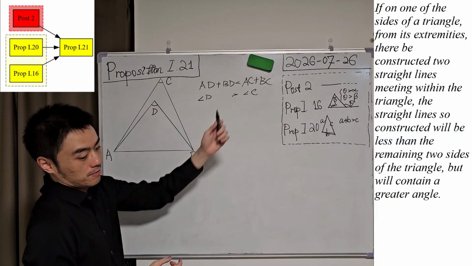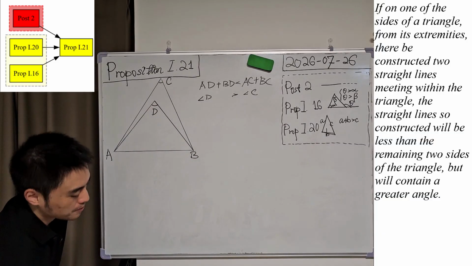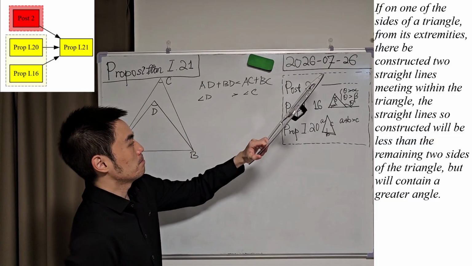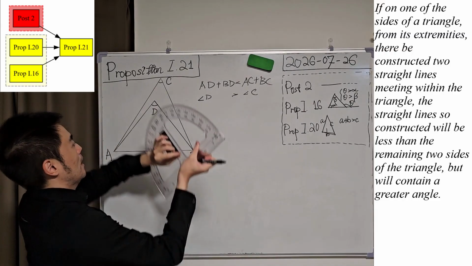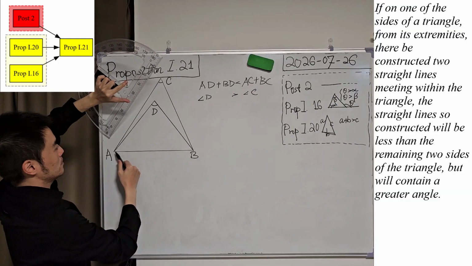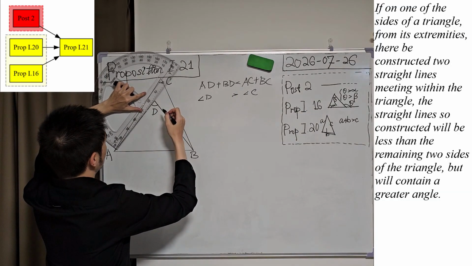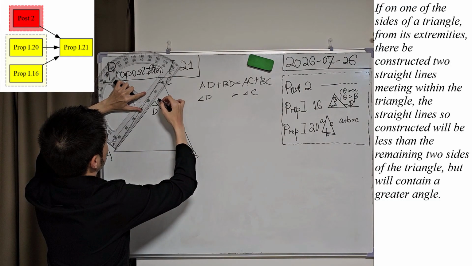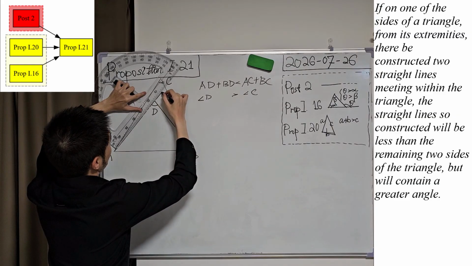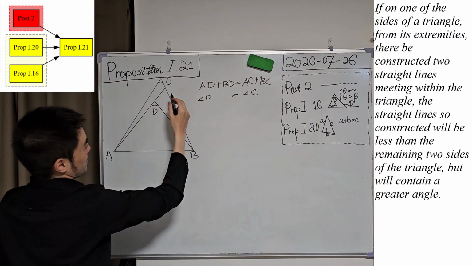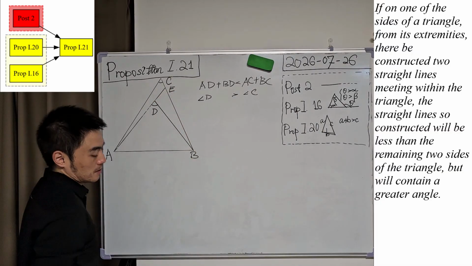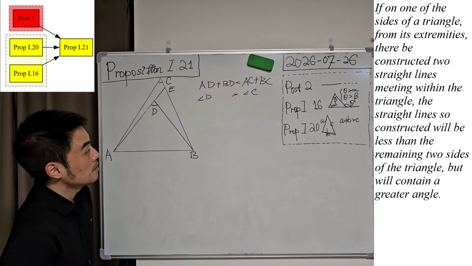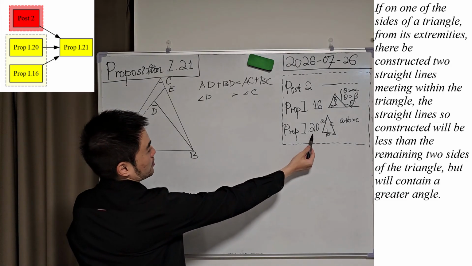Let's give it a proof. As a first step, please recall postulate 2, that we are able to produce a straight line. So let's produce AD, and let's assume it meets the side BC at the point E. Please recall proposition 20.